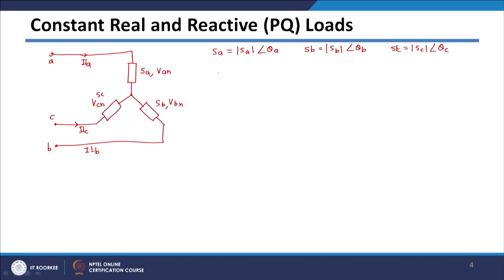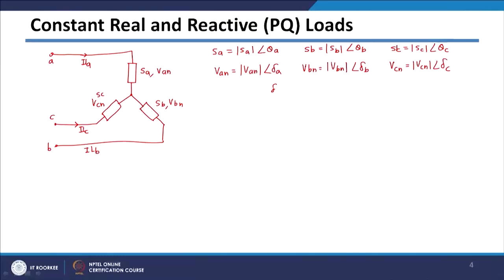Then the voltage VAN will have magnitude VAN and angle delta A. Voltage VBN will have magnitude VBN and angle delta B, and VCN has magnitude VCN and angle delta C. If these are balanced voltages, the magnitudes of the three voltages will be the same, delta A will be equal to 0, delta B will be shifted minus 120 degrees, and delta C will be shifted plus 120 degrees.